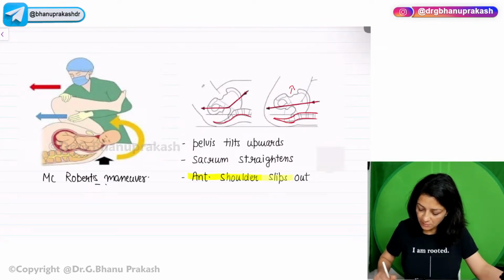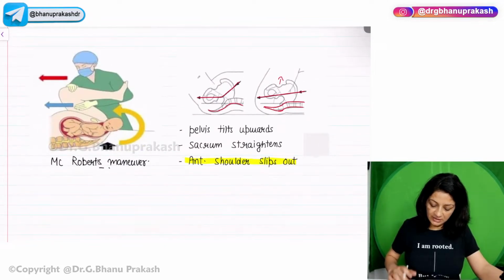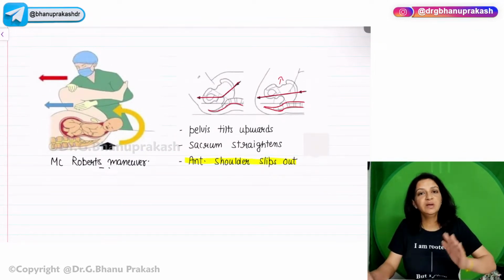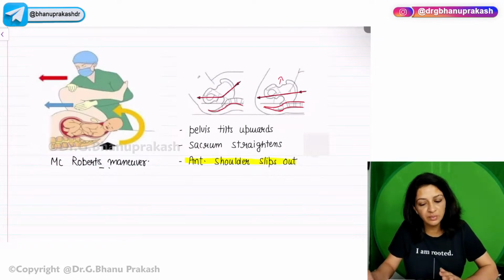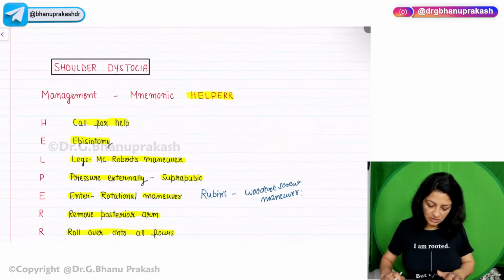So this one is the McRoberts maneuver. If delivery of the shoulders still does not happen, then the next step will be suprapubic pressure. So this is all about shoulder dystocia.